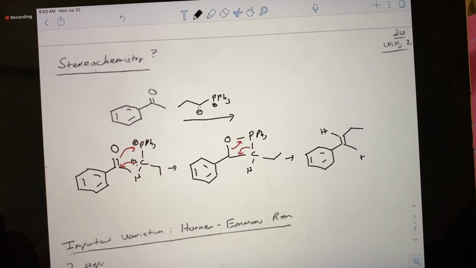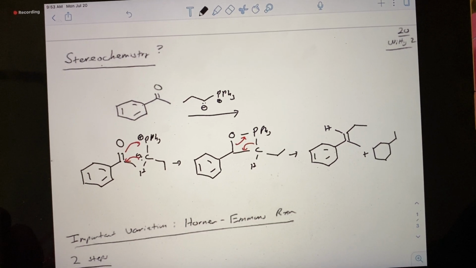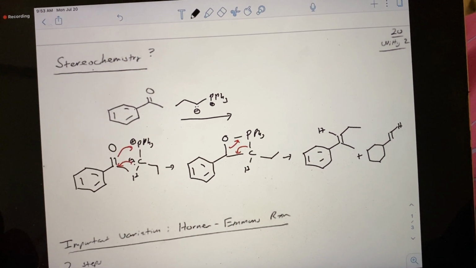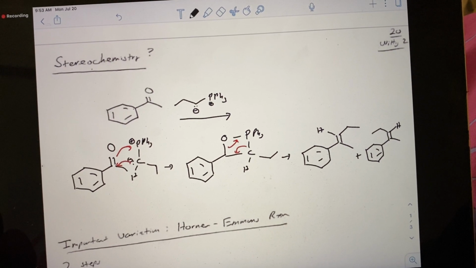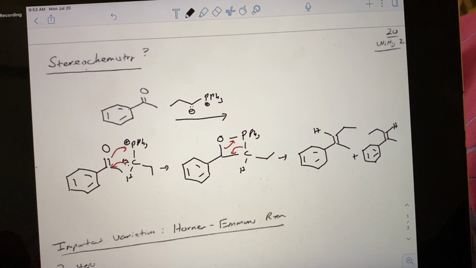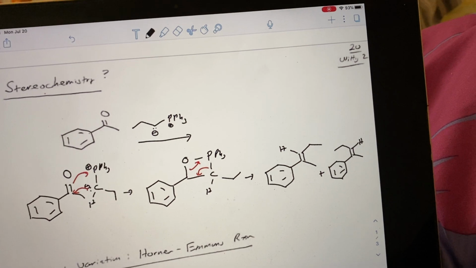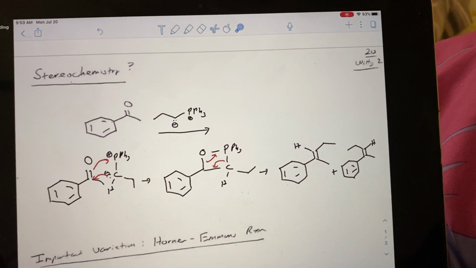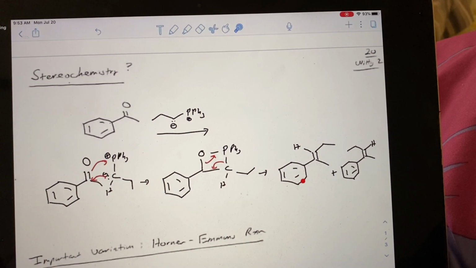Plus, and if I can squeeze it in, could have the hydrogen on this side, and the alpha group over here. So in this particular case, we can generate two different stereoisomers. And going back to how we named the alkene, this first compound, this benzene ring is going to be the higher priority.